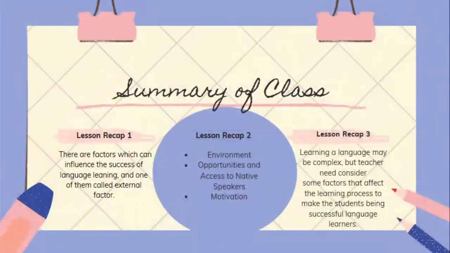So those are the three factors that can influence students' language learning. Here it can be concluded that there are factors which can influence the success of language learning, and one of them is called external factors.